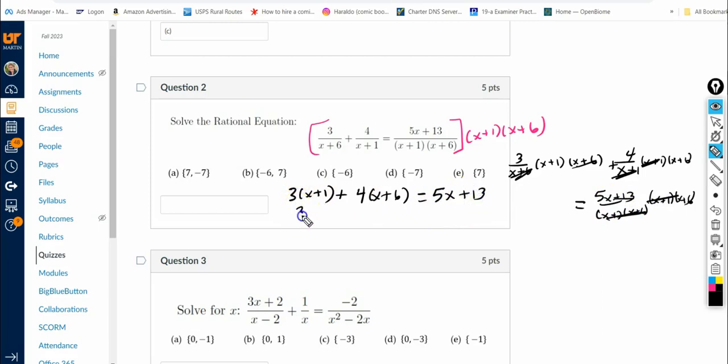Then I have to distribute the 3. I have to distribute the 4 through. That's going to give me 7x. That's going to give me 27. Subtract 5x from both sides.